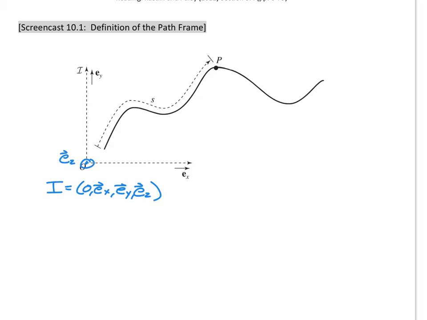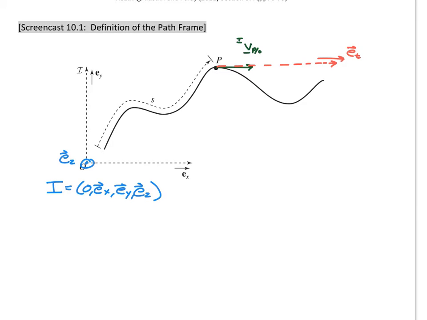To define the path frame, we'll take advantage of what we know about any path. And we've said before that the velocity of any particle along any path is going to be tangent to the path. So we can draw the velocity vector, the velocity of P with respect to O as observed in the inertial reference frame. We'll add to this a frame in the direction of the velocity and have a basis vector, E sub t, that's always pointing in the direction of the velocity.